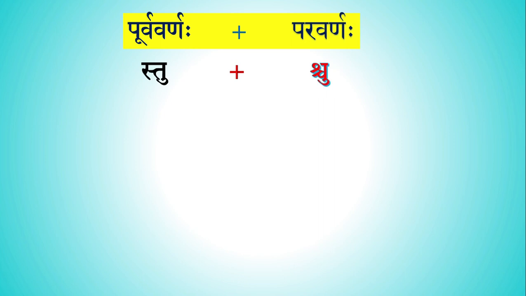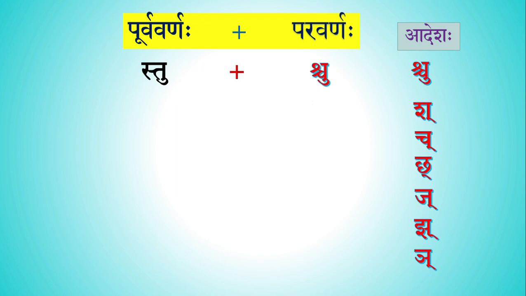When the letters Stu, that is Sa, Ta, Tha, Da, Dha or Na are present in the place of Purva Varnaha, and the letters Shchu, that is Sha, Cha, Chha, Ja, Jha, Nya in the place of Paravarnaha, then the adeshaha will be Shchu, that is Sha, Cha, Chha, Ja, Jha or Nya.